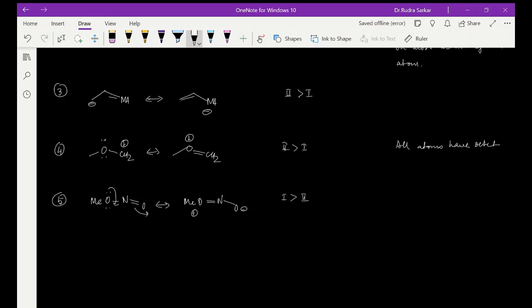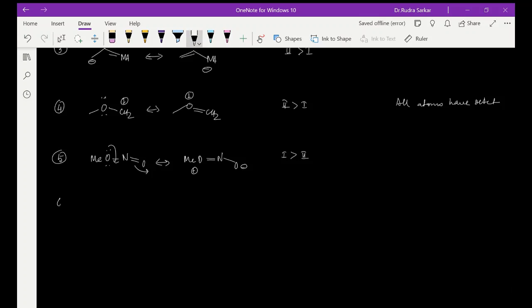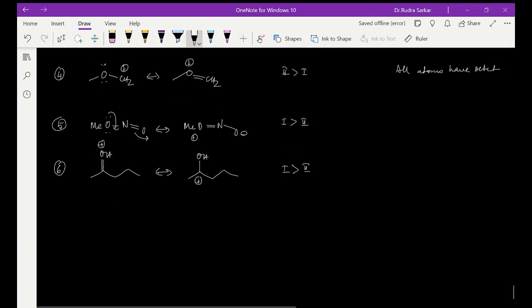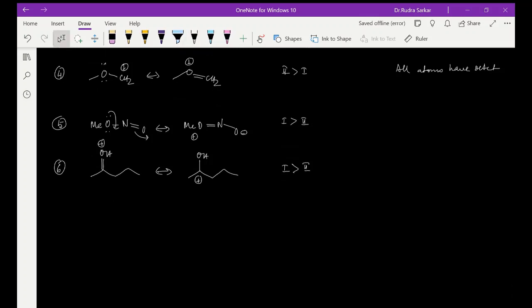Again, the same reason. Neutral structures are more stable than charged structures. In the following, one is more stable than 2. In 1, we have all the atoms in octet, but as you can see, this carbon is not having octet configuration.